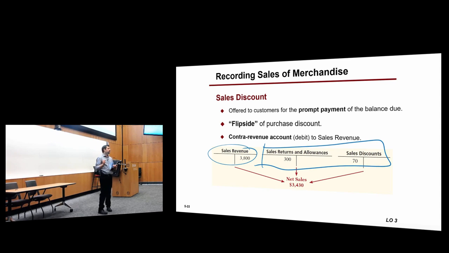This is how you actually record it. On the financial statement, it will look like sales revenue less sales returns and allowances, and then less sales discounts. That will give you net sales. You subtract cost of goods sold from net sales, and it will give you gross profit.